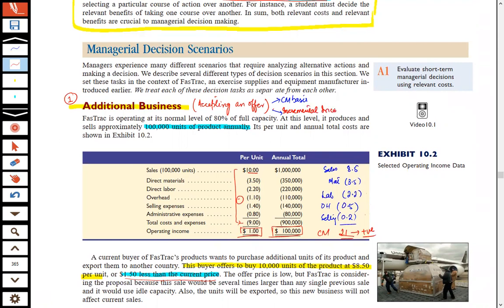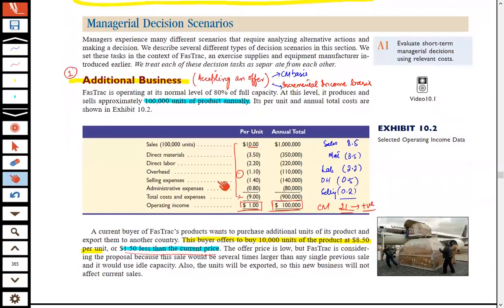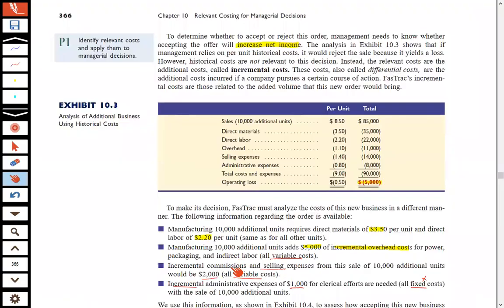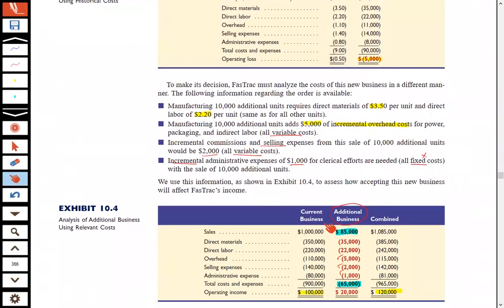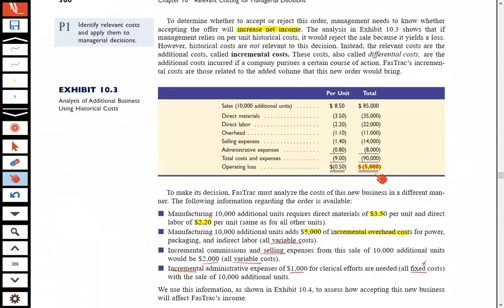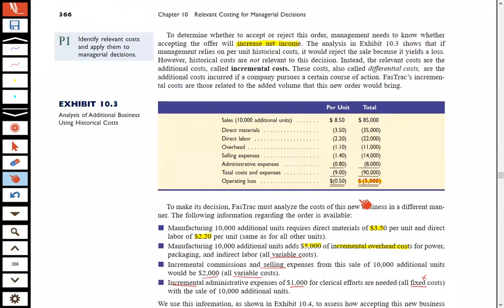Also, sir, why is it that in another table they said that for this offer there was a $5,000 loss? Where? This one above the table. If we consider only that offer at that price, then we will be incurring a loss: direct material, direct labor, overhead, selling expenses, administrative expenses, total cost, and operating loss.